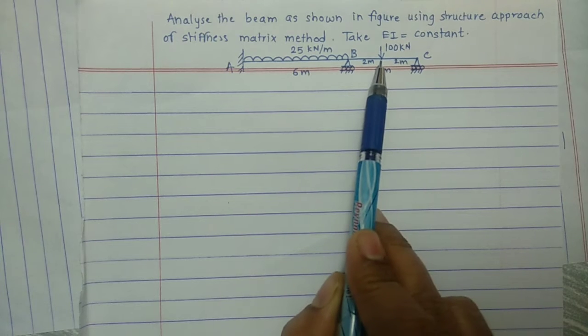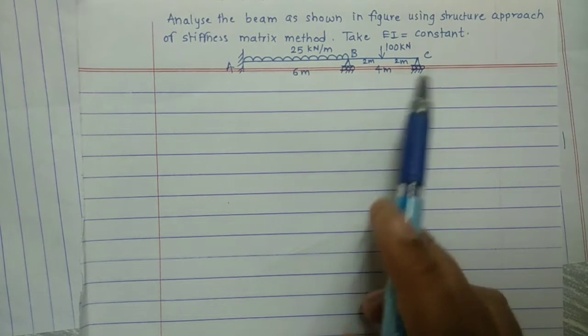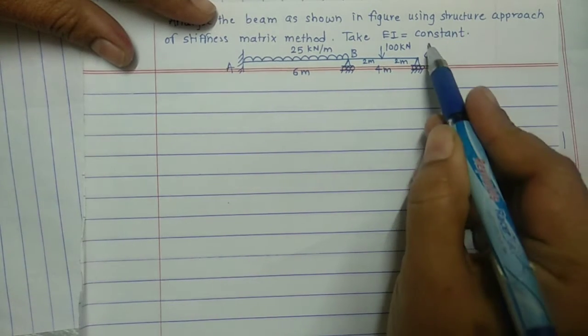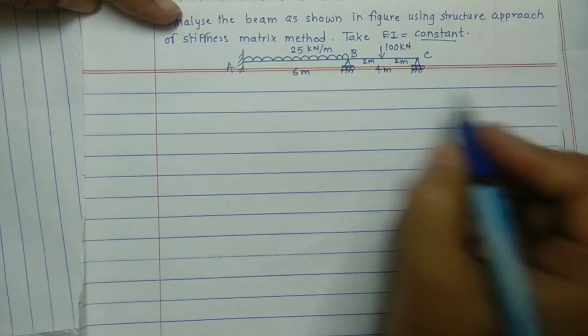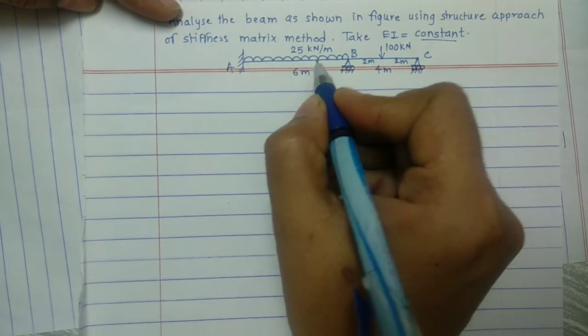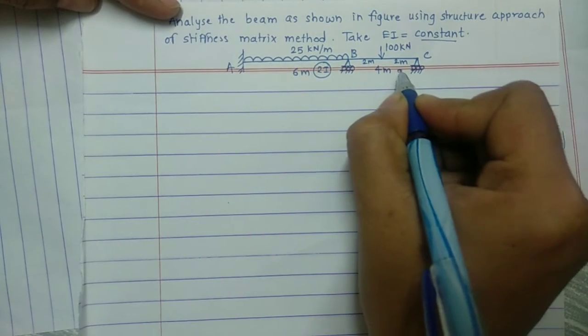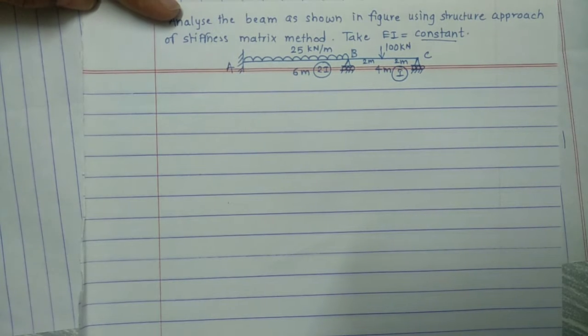Member BC is loaded with a point load at center, 100 kN, total span is 2 meter. Also, the EI term is constant, but the inertia for members AB and BC is varying. Inertia of member AB is 2I and inertia of member BC is I. So this is the problem statement.